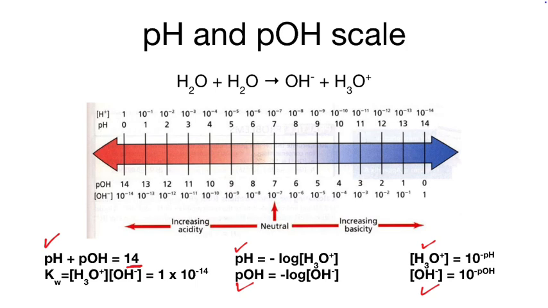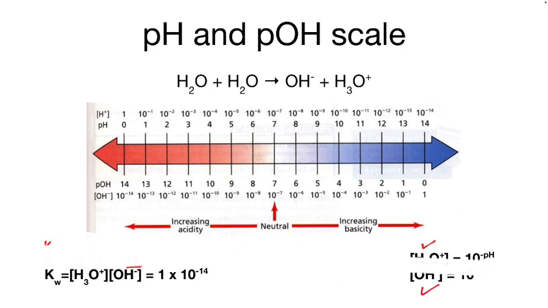Let's take, because I don't remember if we talk about it later or not, let's take a quick look at that Kw, 10 to the negative 14. What affects K? Does concentration affect K? So if I increase the concentration of H plus, what has to happen to the concentration of OH minus?